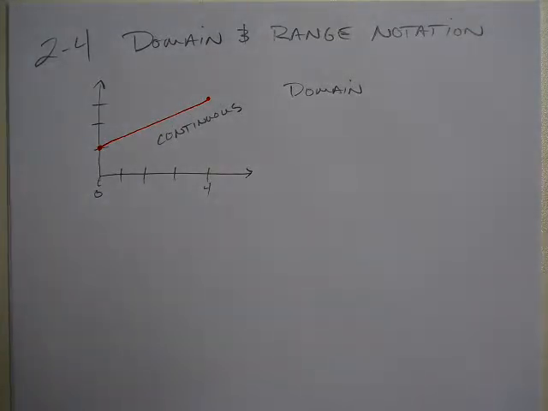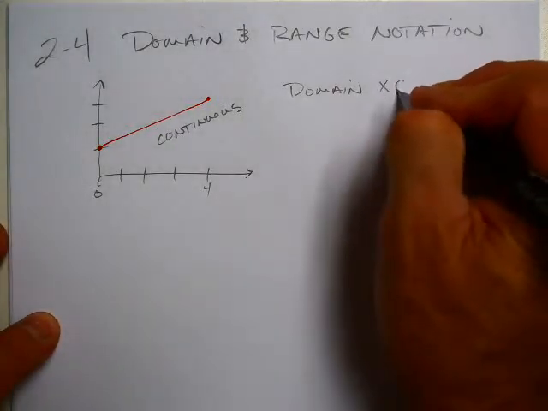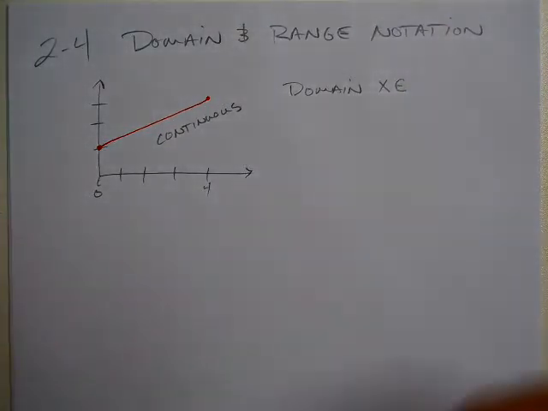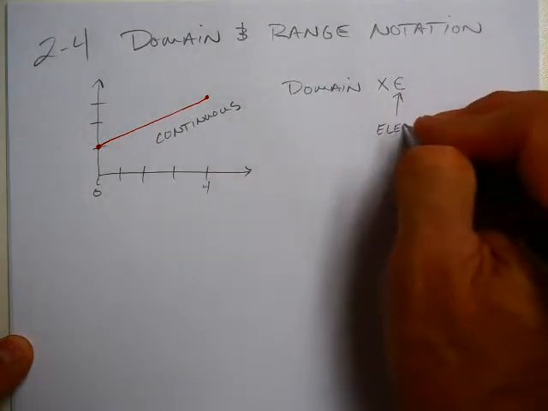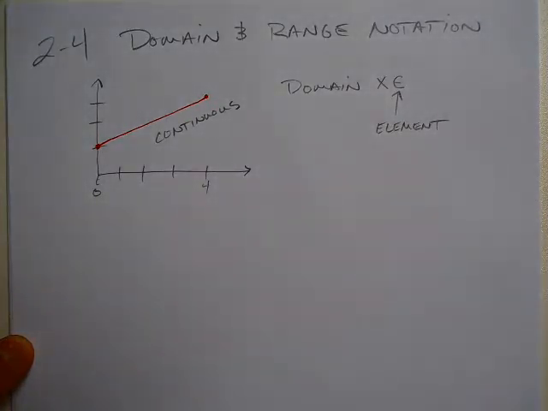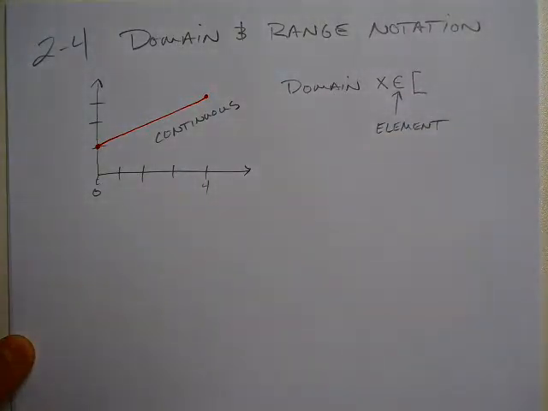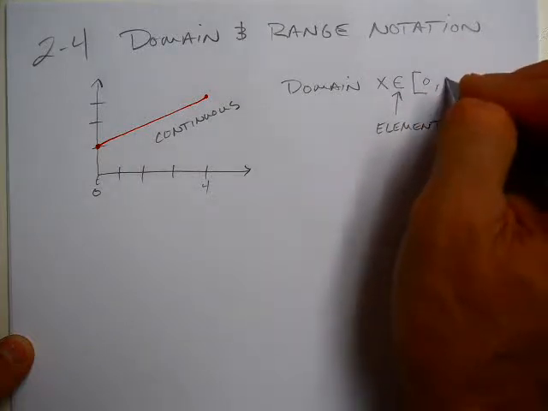Now, we're going to say that x, and we're going to put a funky sort of E in there. It's element. This stands for element. X is an element, and I'm going to put a bracket in that goes from 0 to 4.